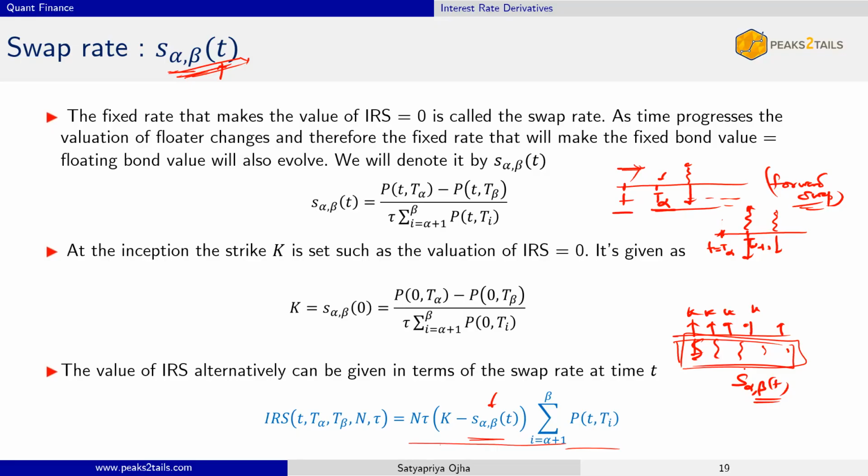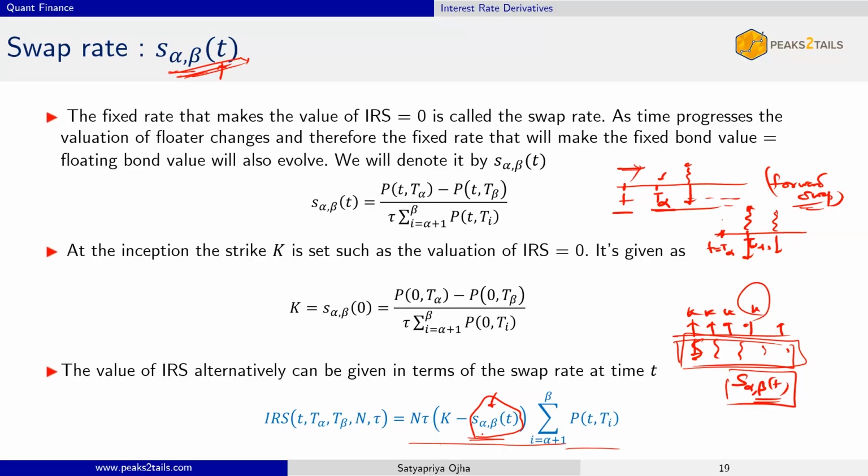S alpha beta T is the equivalent fixed rate of a fixed rate bond, which equals in value to the floating rate bond. So instead of looking at the floating rate bond as a floating rate bond, I can look at it as a fixed rate bond with a hypothetical fixed rate, which is equal to the swap rate at that time. So I'm getting K fixed from the inception, and I'm paying a hypothetical fixed, which is the swap rate, because that matches the floating bond outflow.